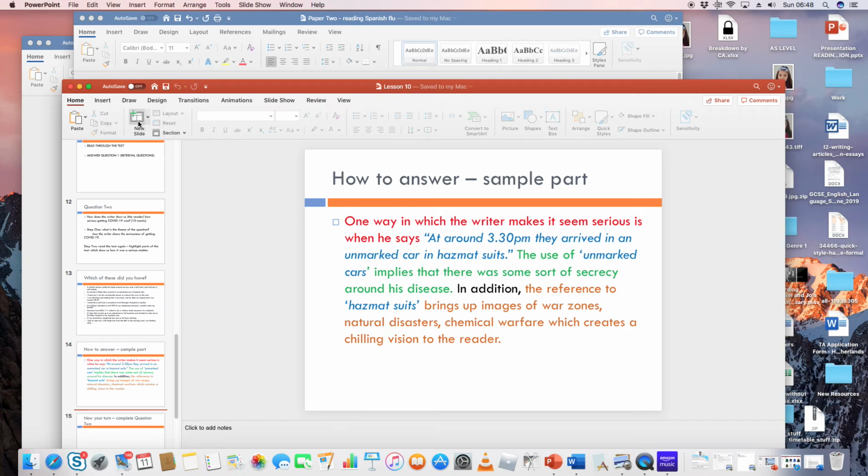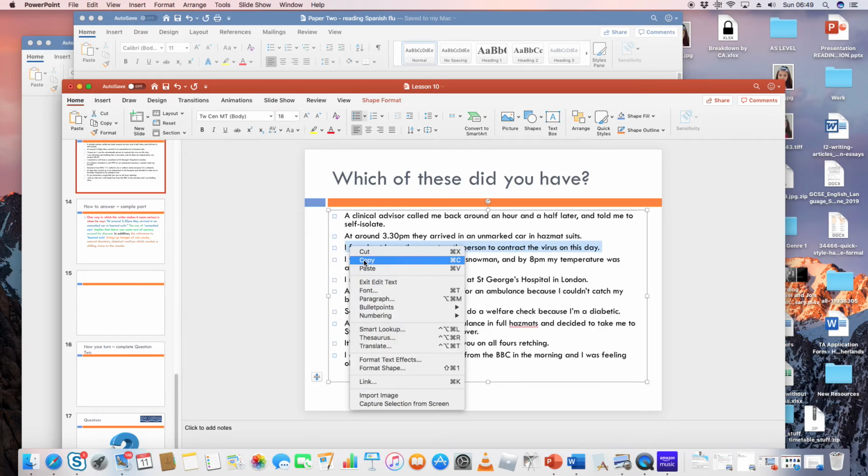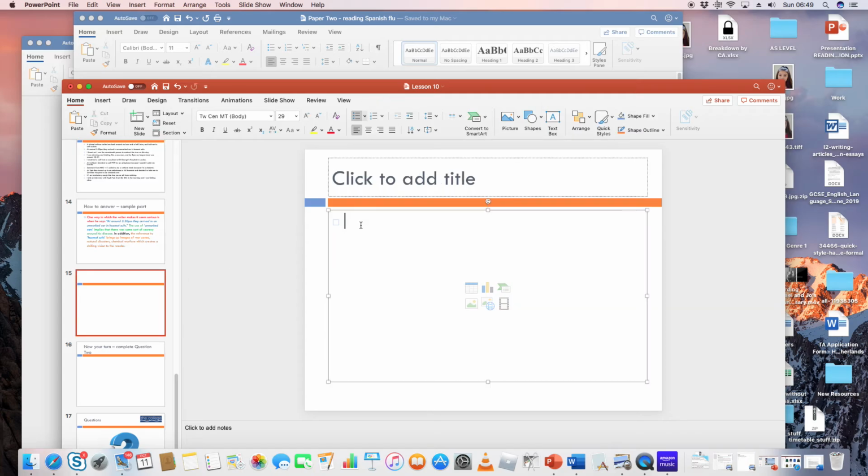Okay, welcome back. I'm just going to take this quotation and think how you could write about it. Again, another way in which the writer says it is serious is in the quotation.